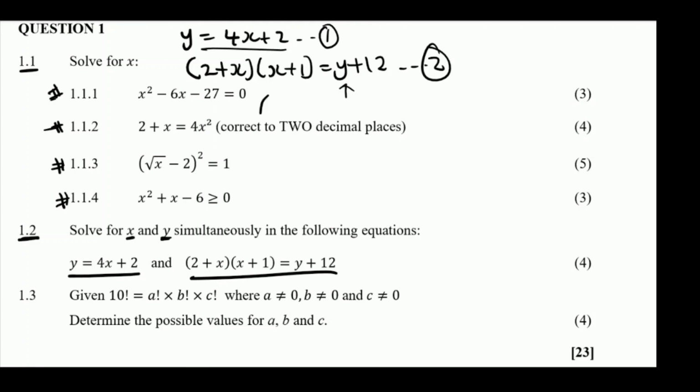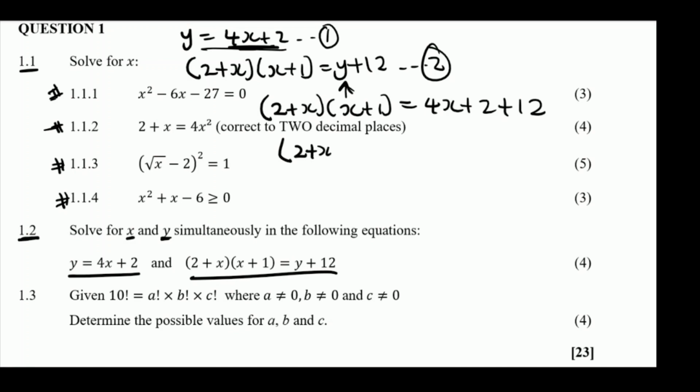So you can simply write (2 plus x)(x plus 1) equals, where we see y, we put 4x plus 2. So it's going to be 4x plus 2 plus 12, right? If you add these, we have 4x plus 14. Then on the left we find the product using the FOIL method.